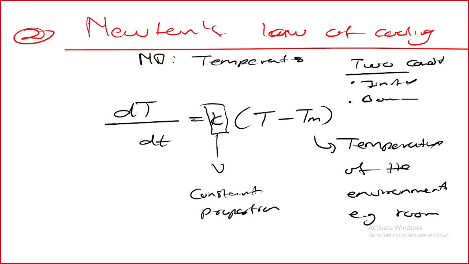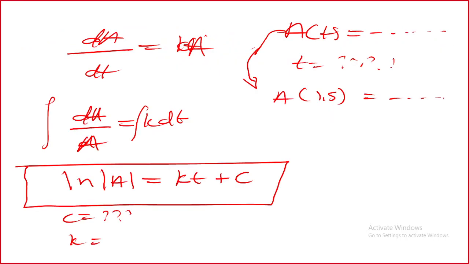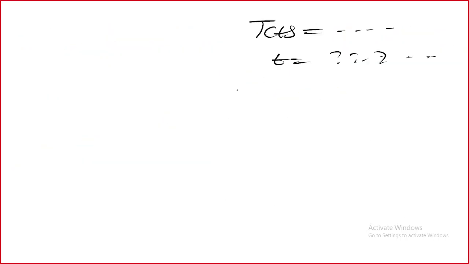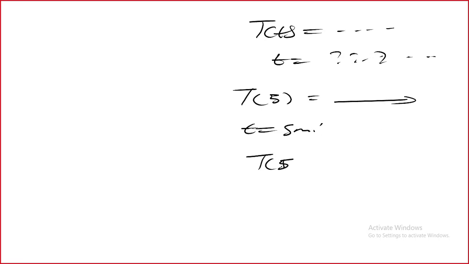They will give you the temperature and ask what the time is. You'll also be required, for example, to find T of 5, the temperature when time is 5 minutes. So you say T of 5 equals blah blah.